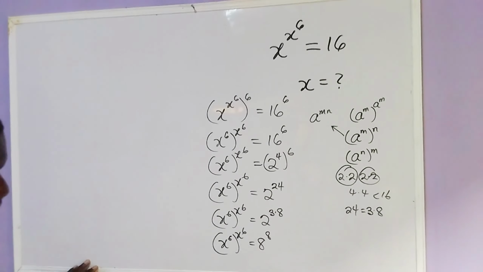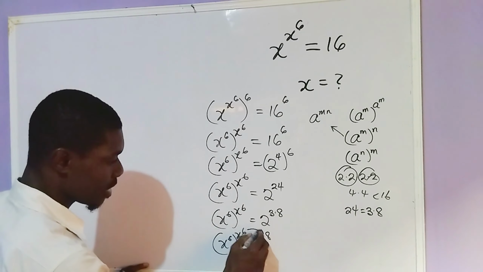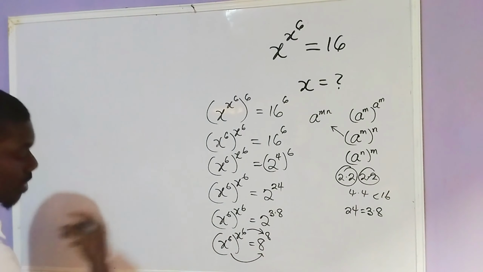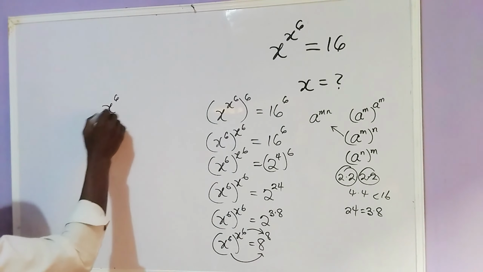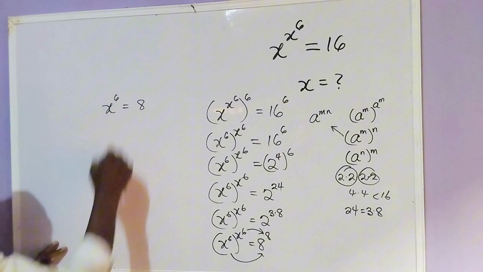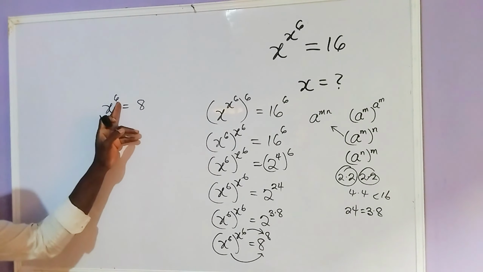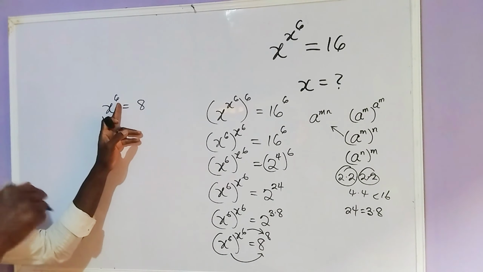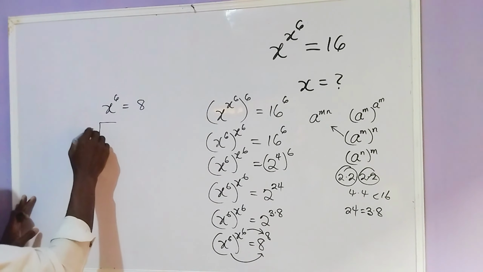To this end, we can equate both the base and the exponent. So here we have that x raised to the power of 6 equals 8. Since x has a power of 6, let us find the 6th root of both sides.